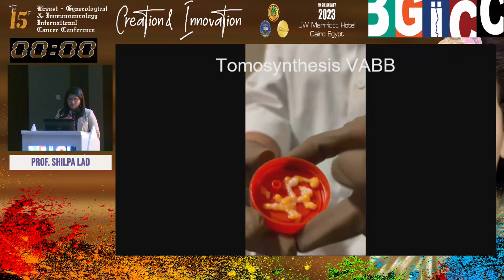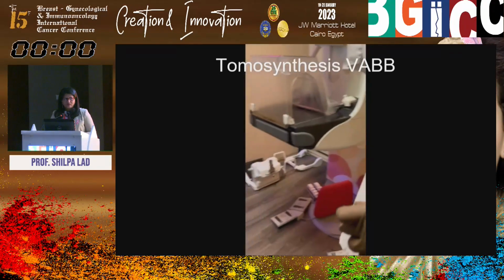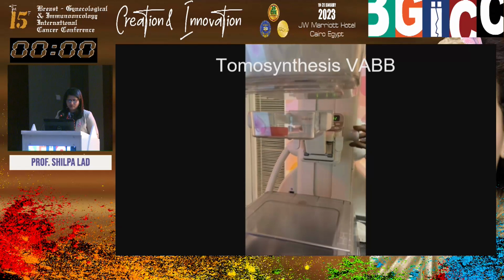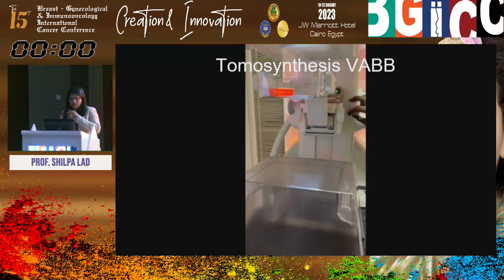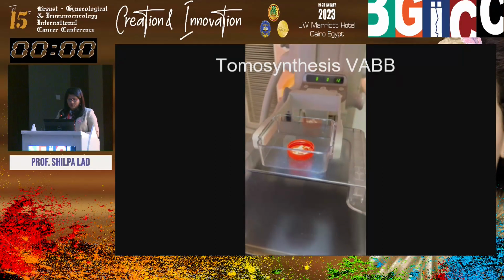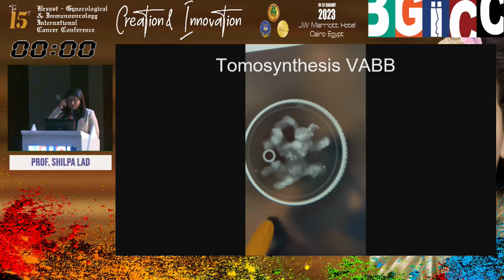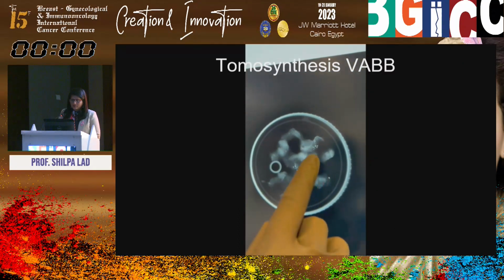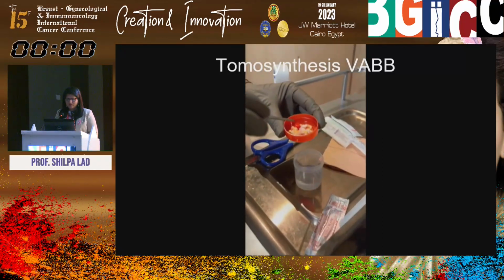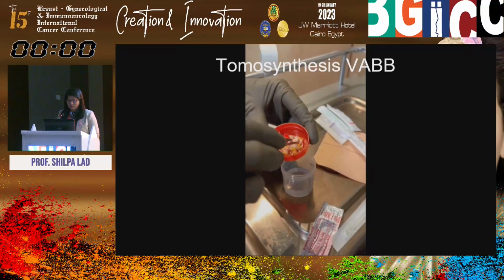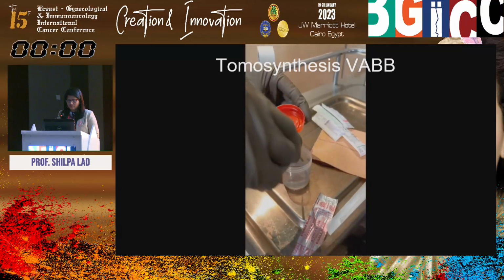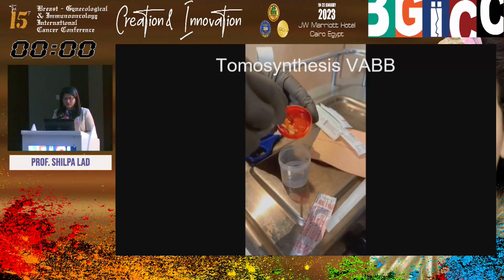Okay, so let's see. Here you go. Bring it down. Now this is the specimen radiograph, and we see all these microcalcifications within the specimen. So this is a successful procedure. Once we have confirmed that the sample has microcalcifications, we dump it into a jar of formalin so that it can be sent to the pathology department.